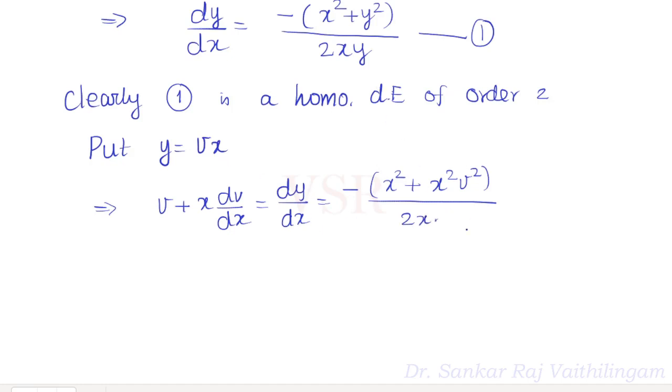So this is x square v square... x full common பண்ணி எடுத்துடலாம். அப்போ we'll have this is 1 plus v square divided by 2v.